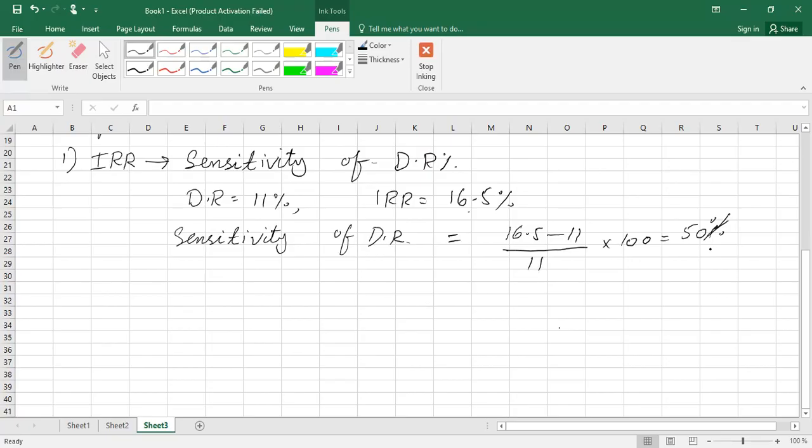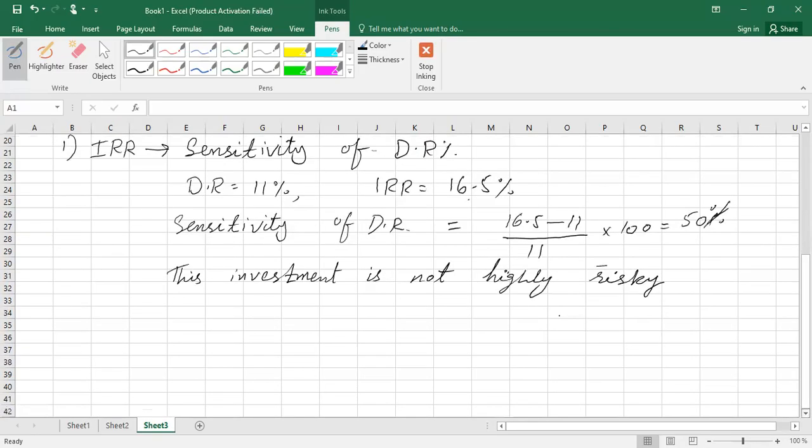So if it is 50% greater, it means it is significantly high. So we can say that this investment is not highly risky. This is not a very risky investment.